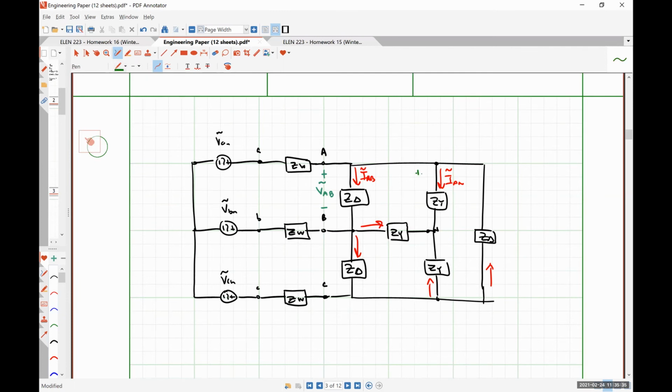Just in case somebody else doesn't get it and they're not speaking up, it would be like that, or that, and then there's also going to be one for B phase of the Y connected load. Yes.